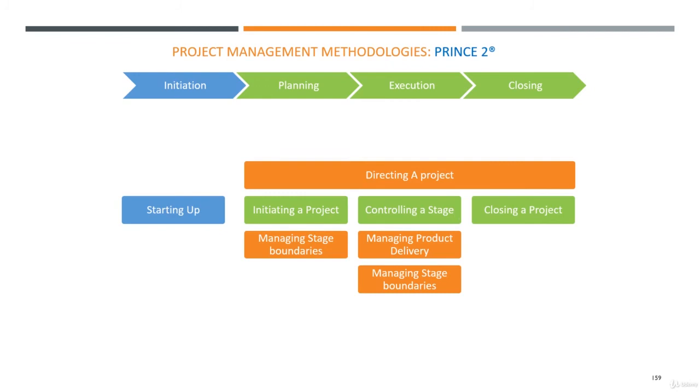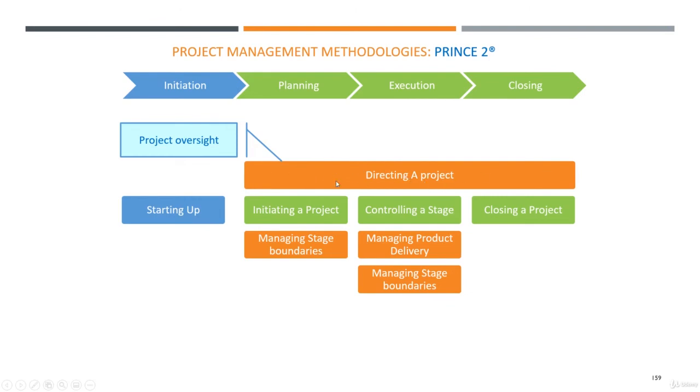Now if we have a look at the other components, so directing a project, what is that? So it's more or less a project oversight. So it's more or less their steering committee. I mean, they don't call it steering committee, but they call it project board. It's more or less the project board as an overview of the project during all this.